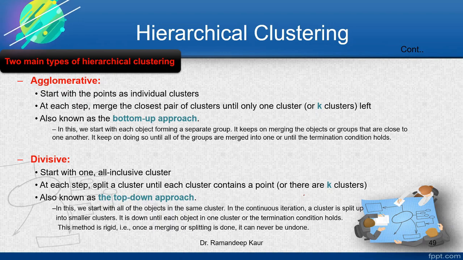So agglomerative says first we will have smaller groups of clusters. Then we will see whichever are the nearby clusters which have similar properties, join them, keep on joining till the time you reach a higher cluster. The divisive approach says you first take the biggest cluster, India, then you divide it into zones, then you divide it into states, then you divide it further into, let's say, cities.